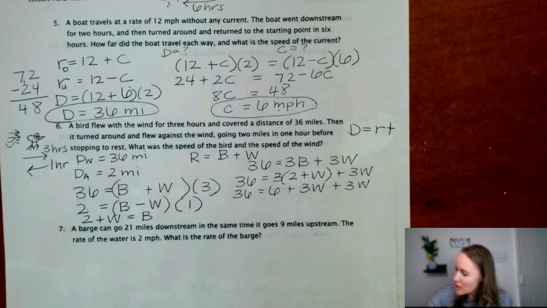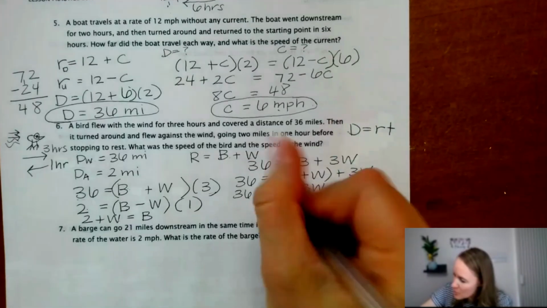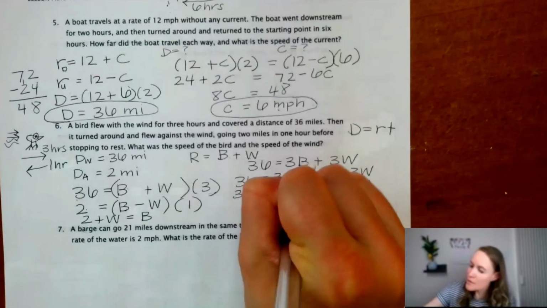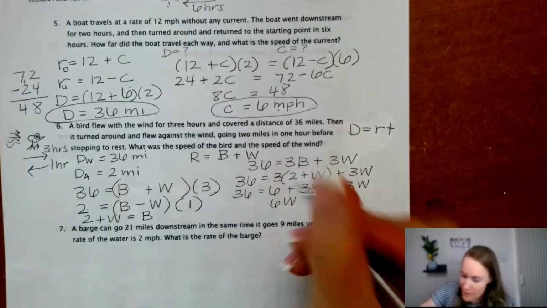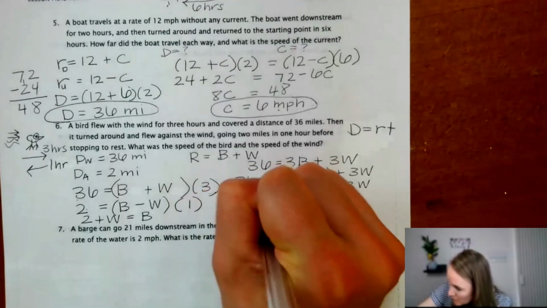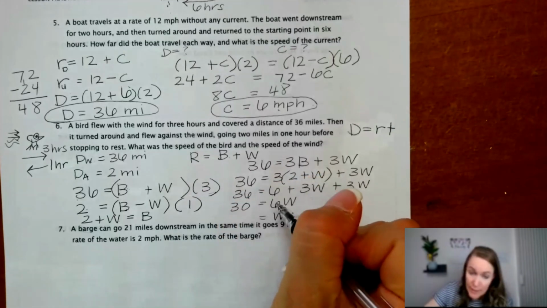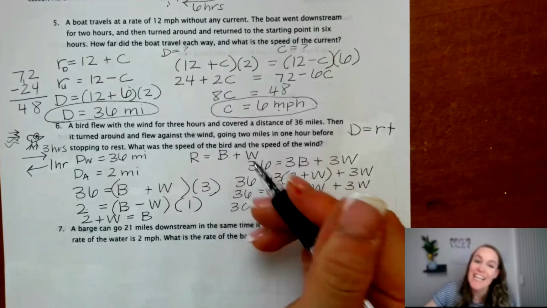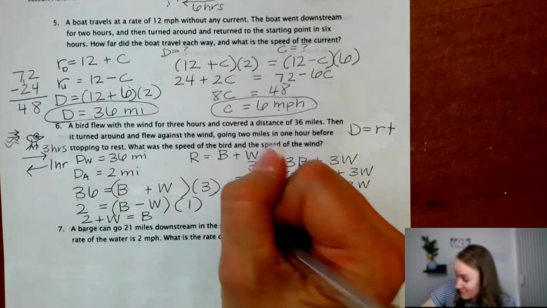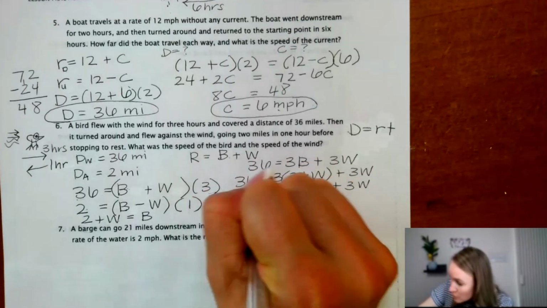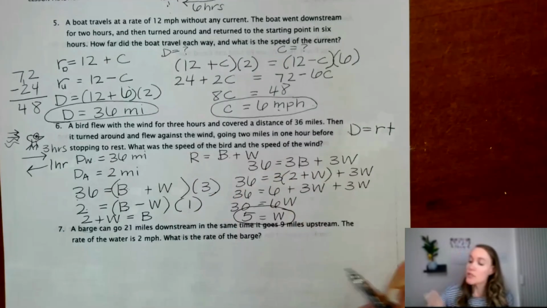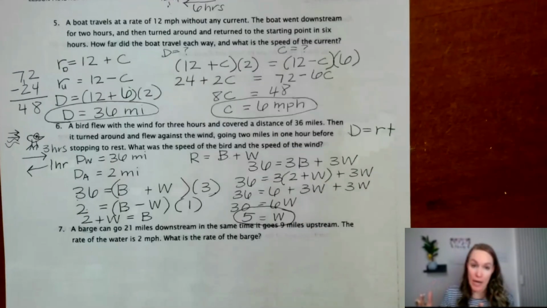Okay, looking good. So I've got 6W over here, and I'm going to subtract 6 on the other side. That gives me 30. And then W, I get 30 divided by 6, or 6 times something is 30, and that something needs to be 5. So the wind speed is going to be 5 miles per hour.